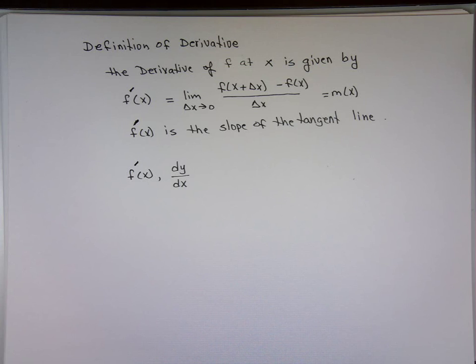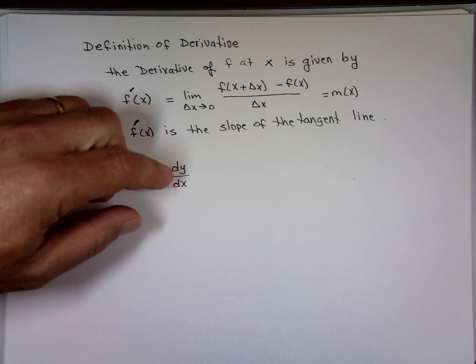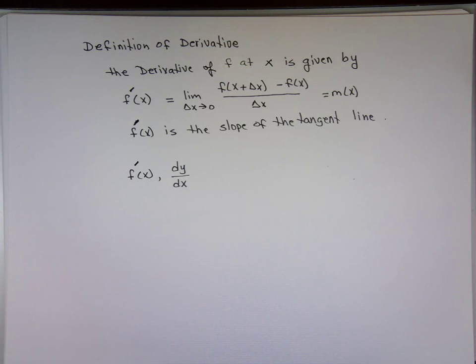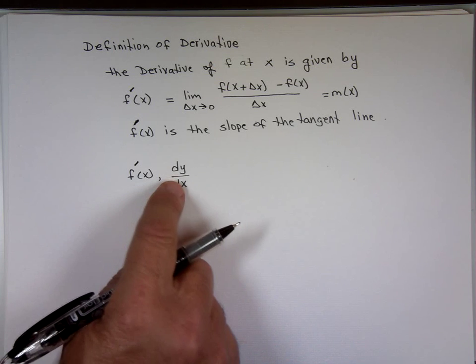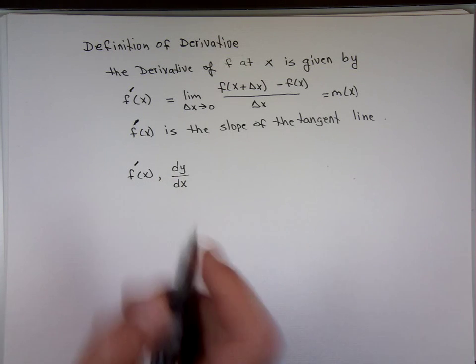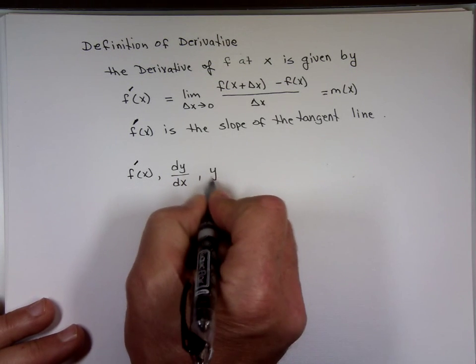Isn't that delta y over delta x, the change in y over change in x? Well, the reason we use d is to mean the points are very close to each other. So that's why dy dx instead of delta y over delta x. You pick the points close to each other. Very popular notation. You also see y prime. Some books will use y prime if you have y equals.